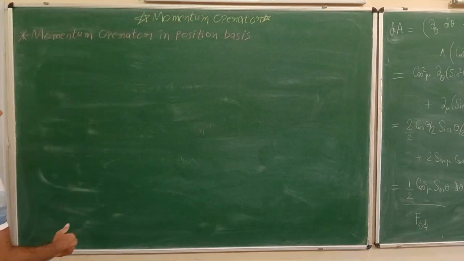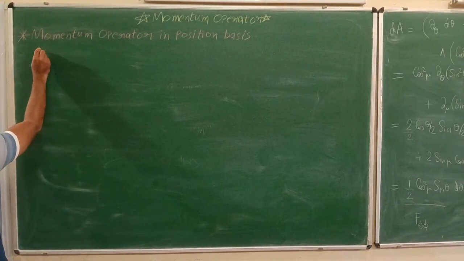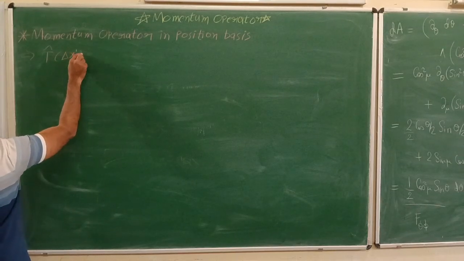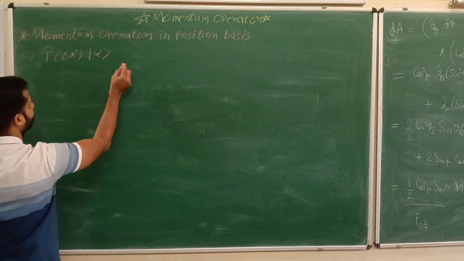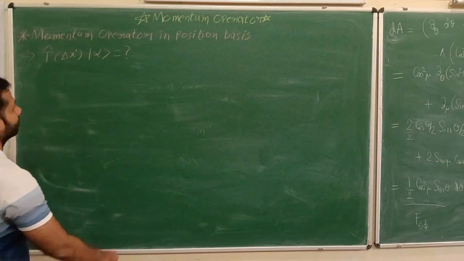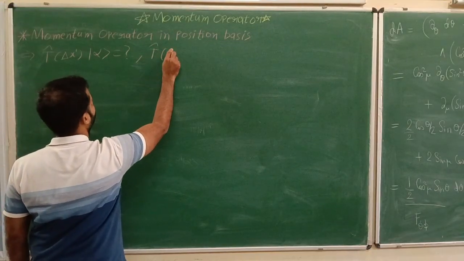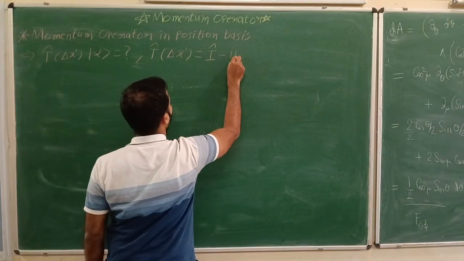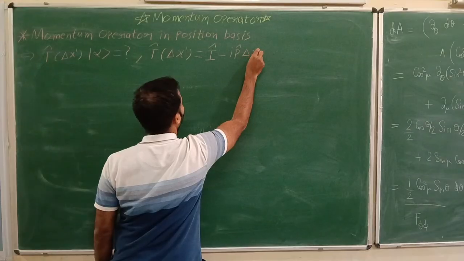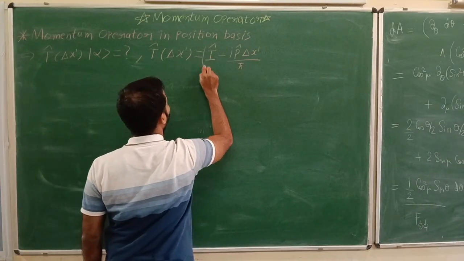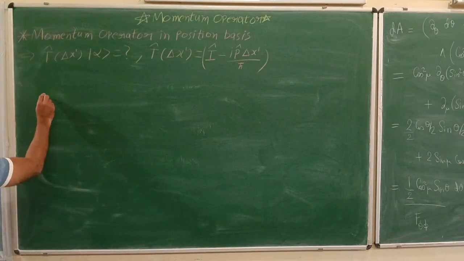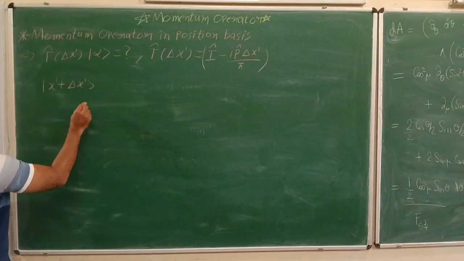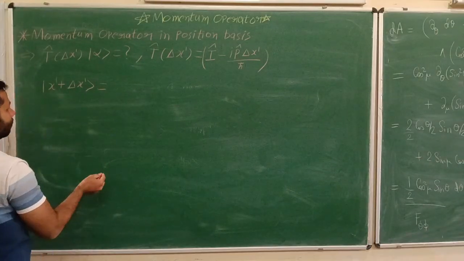So we want to see what is the effect of the translation operator on the state. The operator is given by... suppose we have a state which is translated by delta x prime. So how one could have generated this?